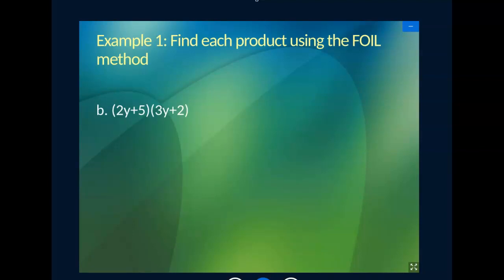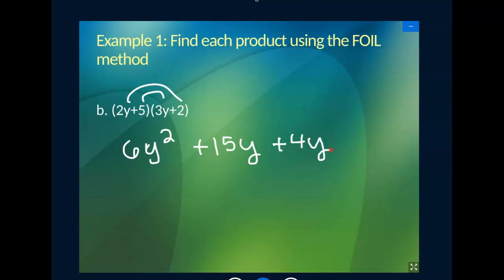Next. 2 times 3 is 6. y times y squared. 5 times 3, 15y. 2 times 2, 4y. And 5 times 2, 10.